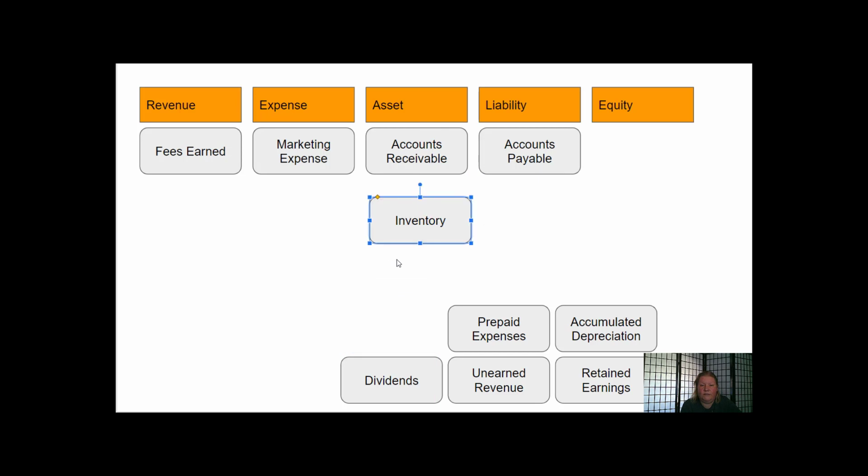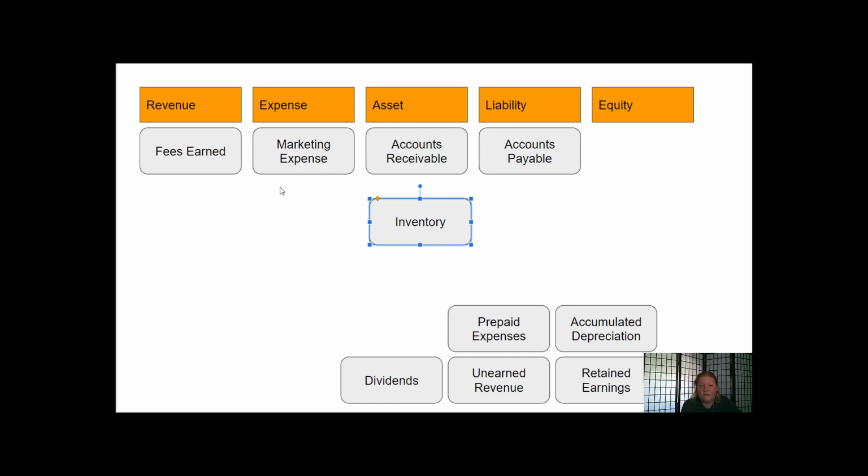inventory. Now, this is one of the accounts that people get hung up on because they say, okay, inventory is something that we sell to make money, and so inventory is an expense. No, but think about it.